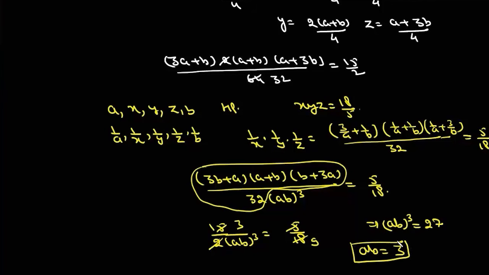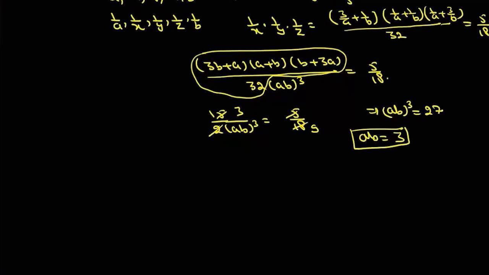Now it says A and B are positive integers. So the only solutions we'll get is either A is 1 and B is 3, or A is 3 and B is 1.